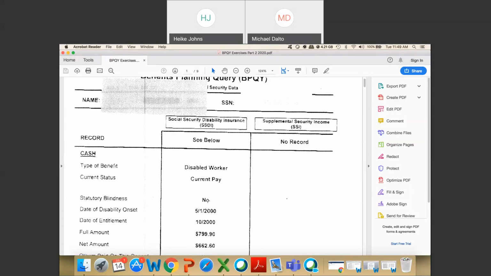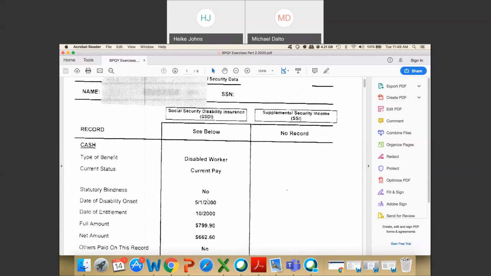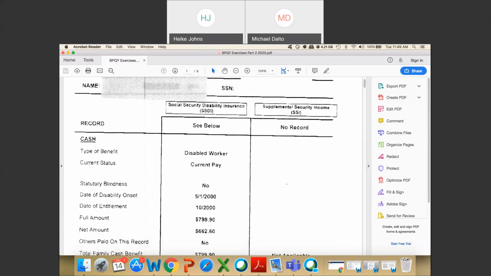But since this person is not blind and doesn't even receive SSI, we move on to step 2, which says find the date of disability onset for each benefit the person receives. Well, only one benefit, that's SSDI. Date of disability onset is May 2000.